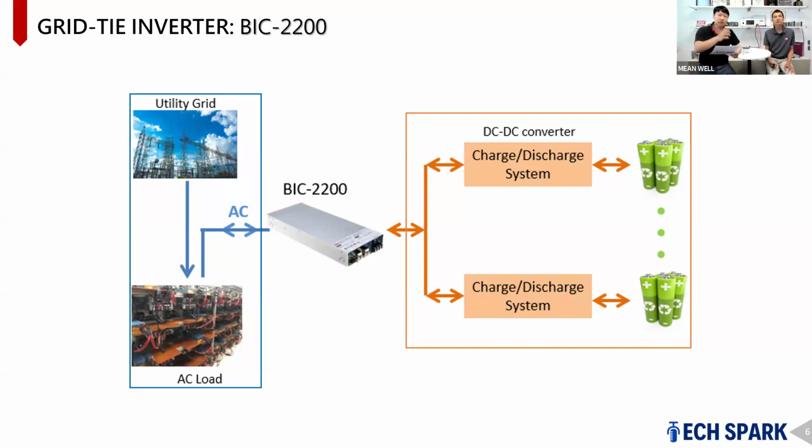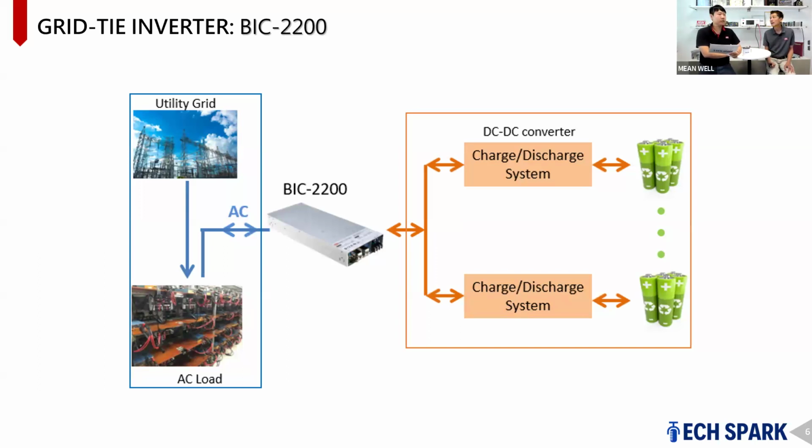Looking at the application diagram, there's only a single point of connection for the AC, right? Both the AC input and AC output are the same terminal because it is tied to the grid. Yes. One thing I need to point out is that the BIC 2200 cannot be used as a standalone inverter. It's a grid tie, meaning you have to connect to a grid in order for it to invert.